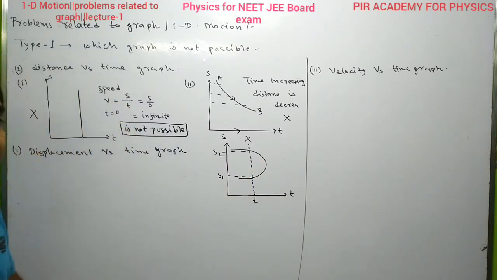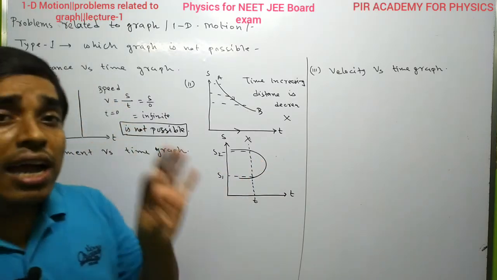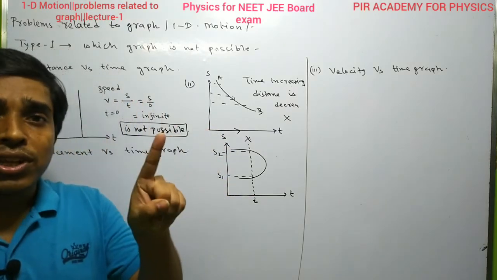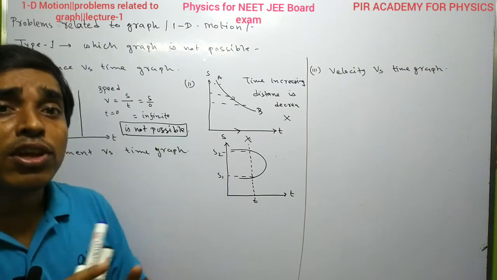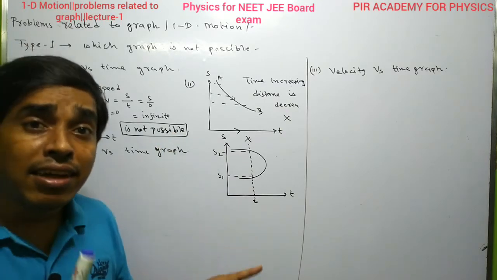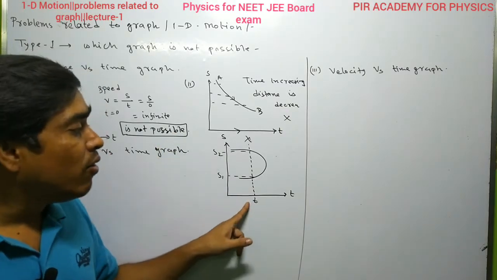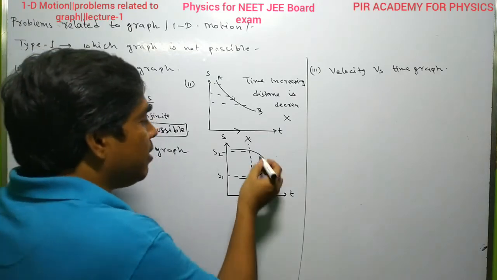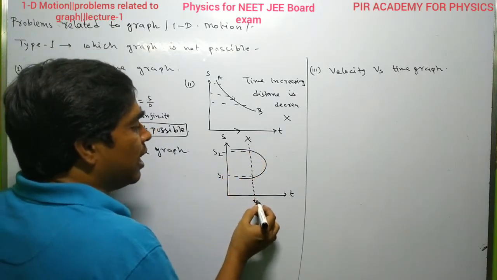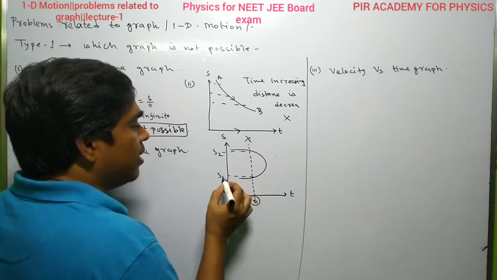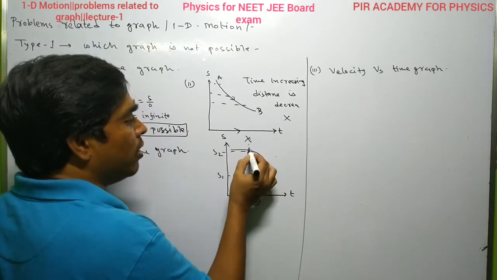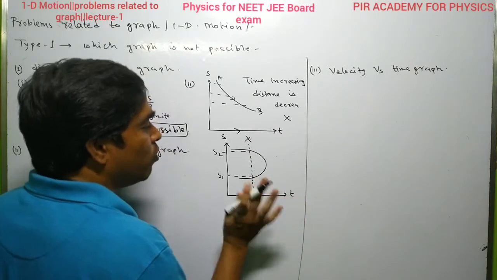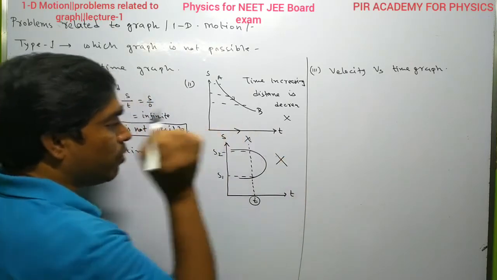At a time, a particle has only one position. It cannot possess two positions at an instant of time. So this graph is not possible.